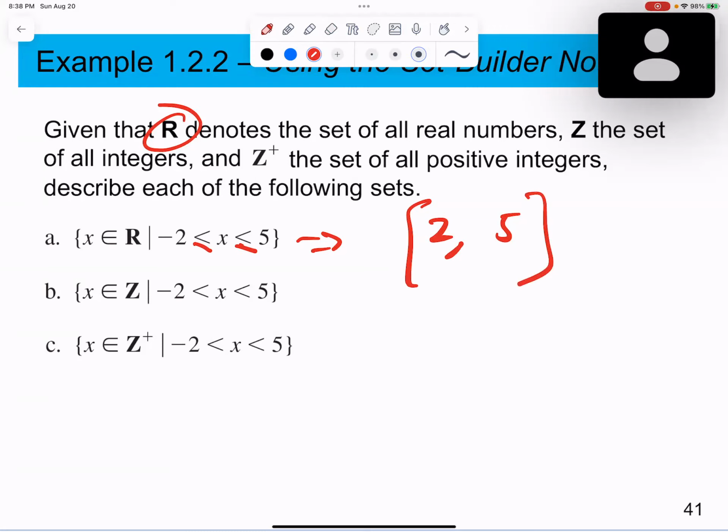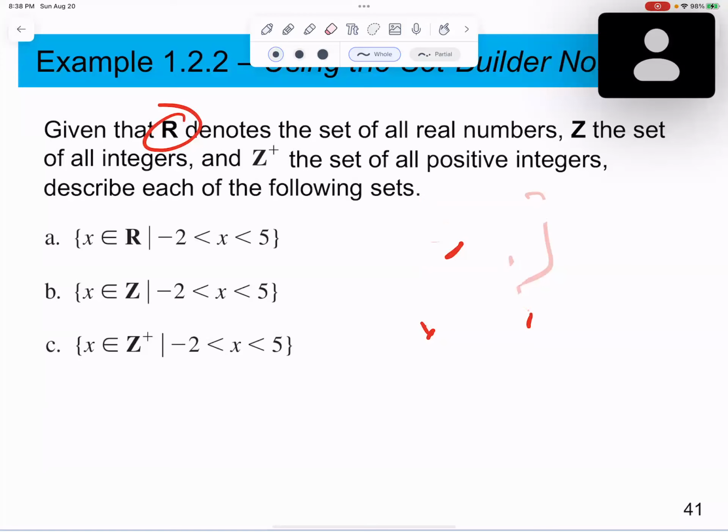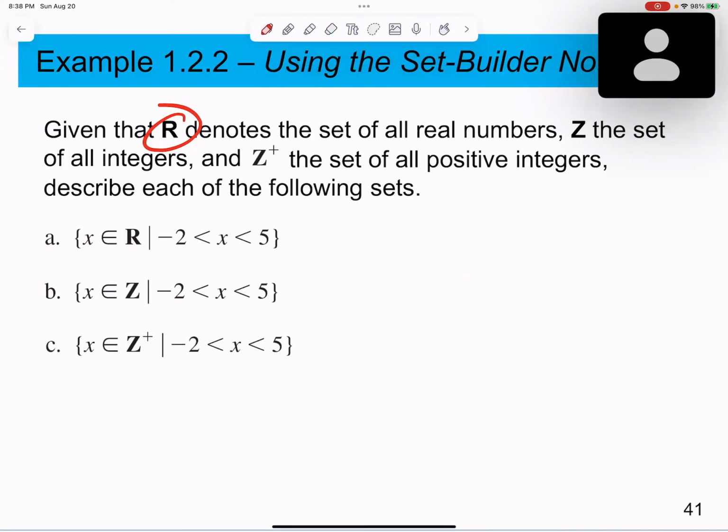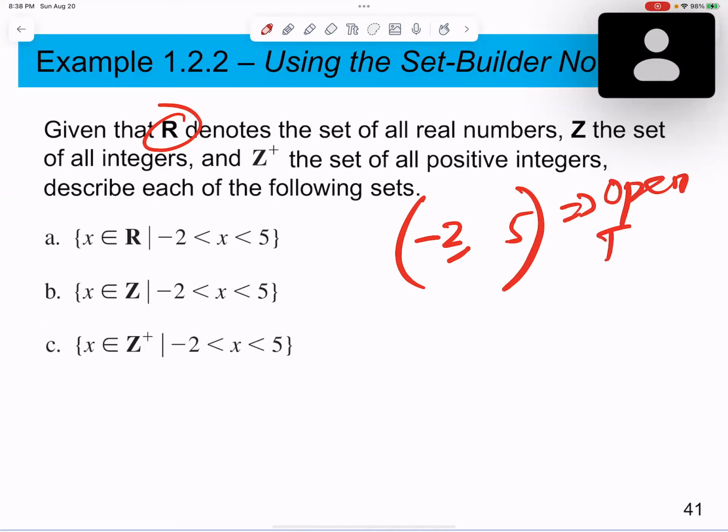In other words, you have to include -2 and 5 as part of your elements. But if you have strictly less than, -2 less than X, that means you do not include -2 as part of your elements, and you do not include 5. So it has to be what? An open interval. This is an open interval.